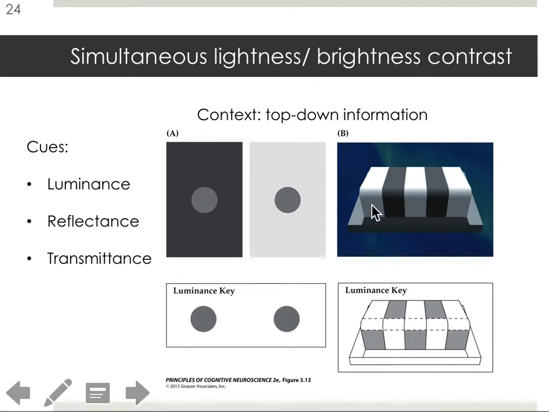Again, this is a situation where top-down information, such as visual context, can trick you into inferring different levels of luminance, even given the same actual luminance cue. So this is another of those interesting situations where top-down meets bottom-up.